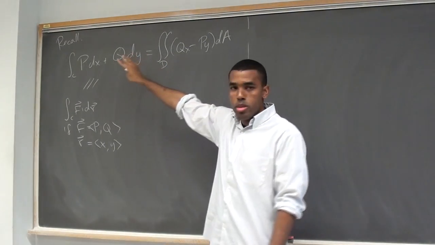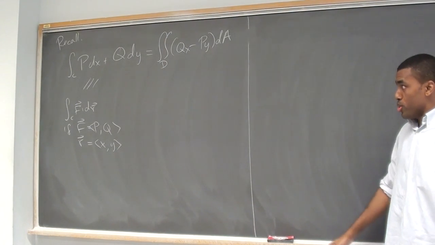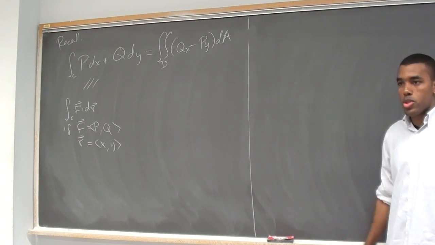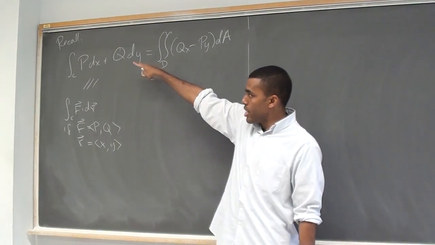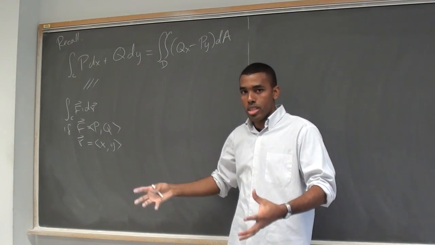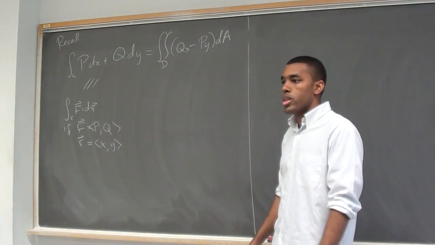This is one of the 3 major theorems, like I said, that we'll be doing in vector calculus. The other 2 are Stokes' theorem and the Divergence theorem. They basically have the same setup. They relate a line or surface integral around the boundary of something to a scalar integral on the region itself, and they do it in higher dimensions. Green's theorem is the 2-dimensional version.